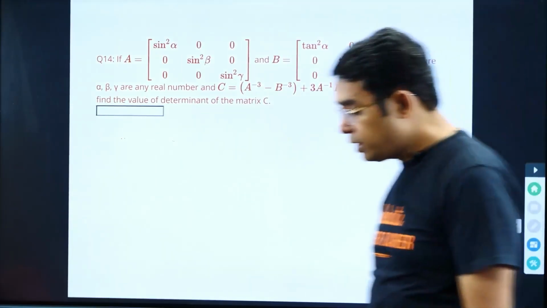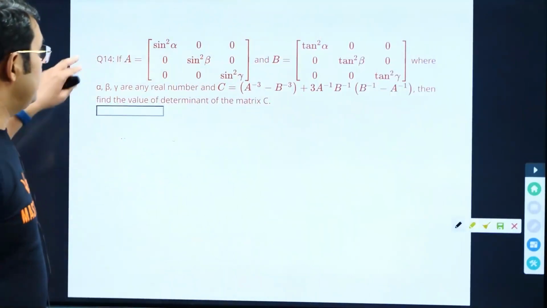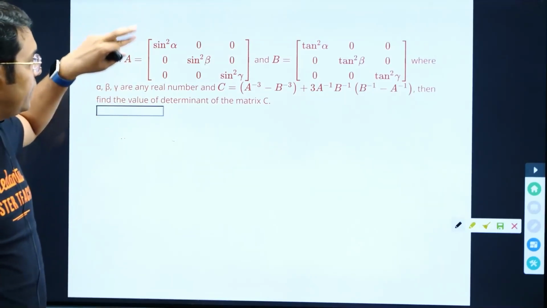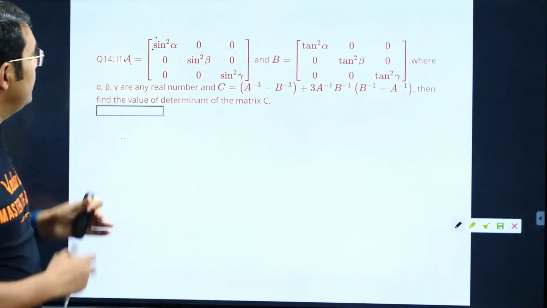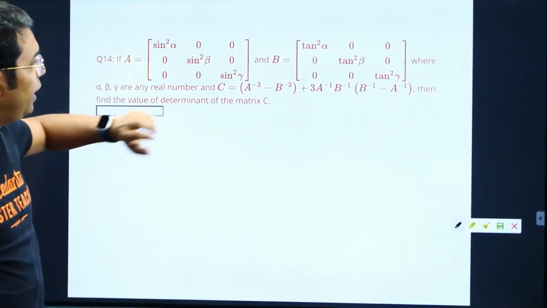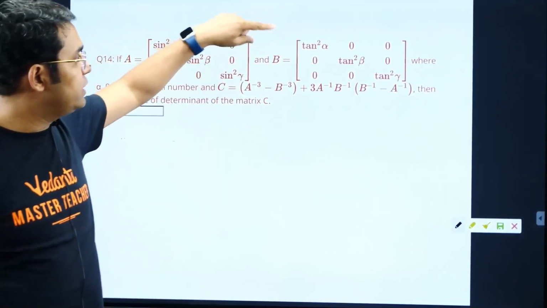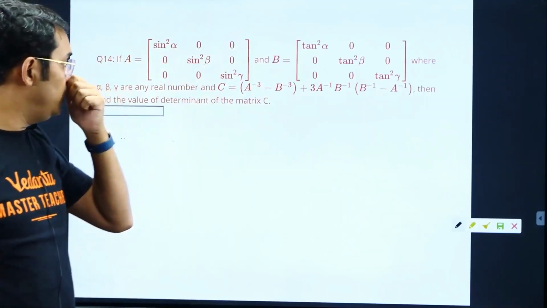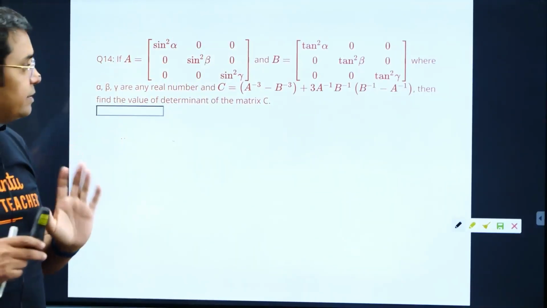In question number 14, we are given A as a diagonal matrix in which the diagonal elements are sine square alpha, sine square beta, sine square gamma. And B is also similar to that, with tan square alpha, tan square beta, tan square gamma in the diagonal, and the rest all are 0, 0, 0. Now please listen carefully.